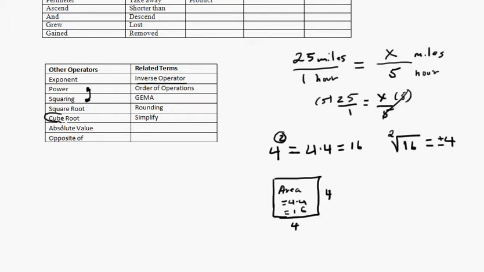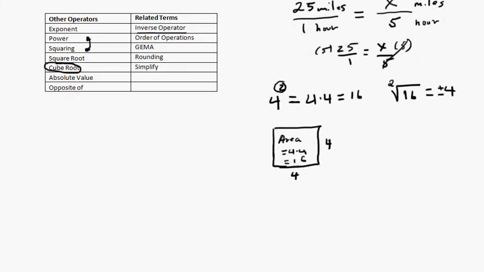Now, a cube root. What is a cube root? Well, let's talk about what it means to cube a number. Let's take 2. If I raise 2 to the 3rd power, we would call that cubing. Think of it as an ice cube.